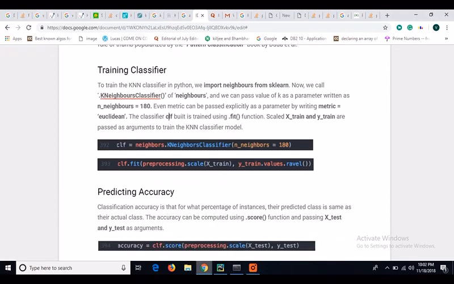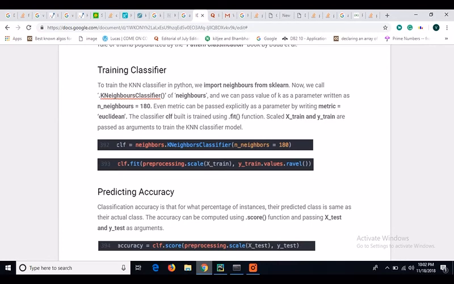Now we'll train the classifier. We have imported neighbors from the sklearn library, and we have used its KNeighborsClassifier function to build a classifier, clf. We also pass a distance measure in the form of metric equals Euclidean, or some other metric if it is to be used.